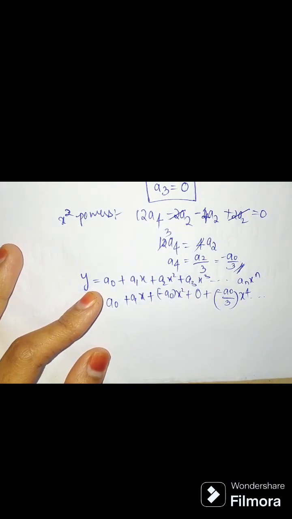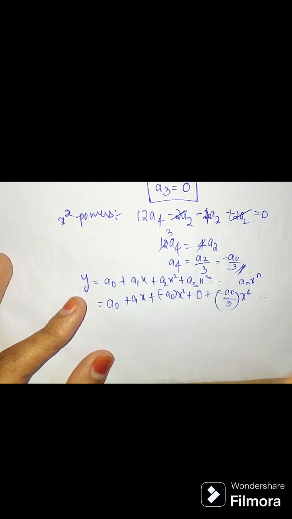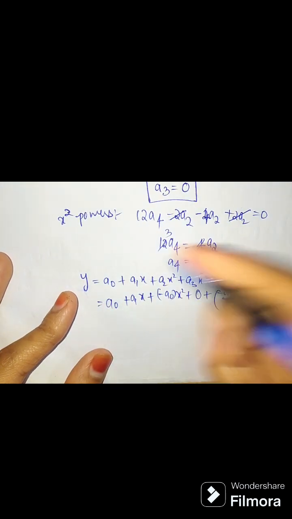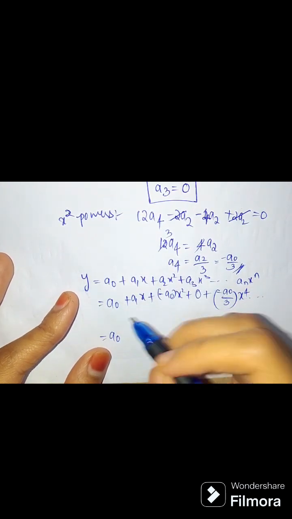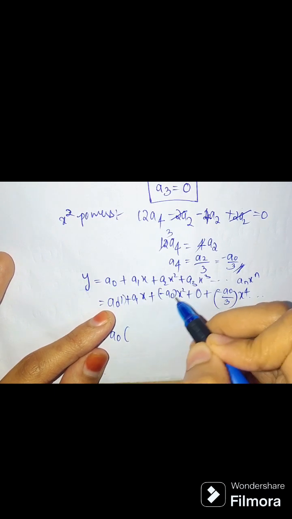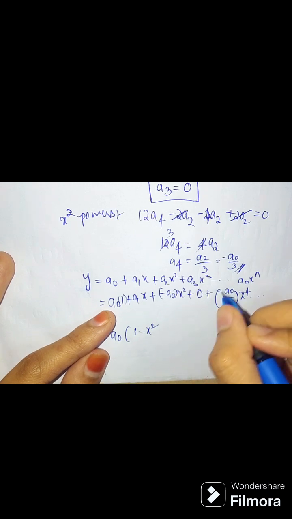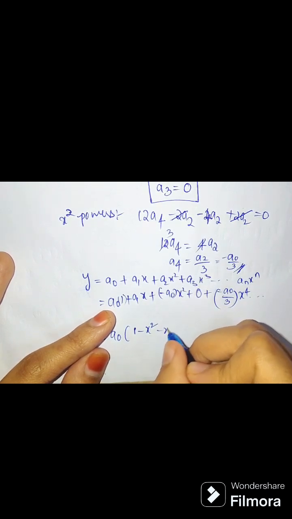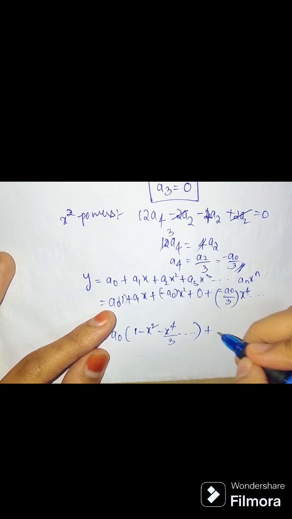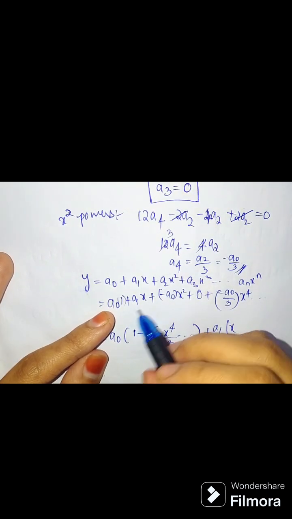So next, finally, last step, I'll take a0. What will be left in my answer? Only a0 and a1 will be left, right? So I'll take a0 and a1. Where are the a0 terms? Here 1 is there, here minus x square, so 1 minus x square, and here minus x power 4 by 3, and so on. And for the a1 terms, I can take x. Next, where I'll get a1 again.